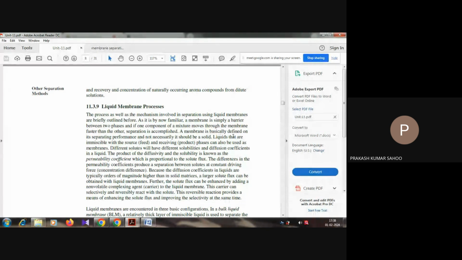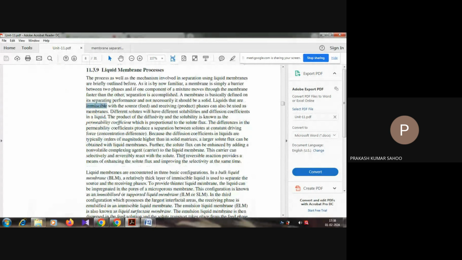A membrane is basically defined by its separating performance, and it is not necessary that it should be a solid. Liquids that are immiscible with the source and receiving end can also be used as a membrane. This is very important. The different solutes will have different solubilities and diffusion coefficients in a liquid.